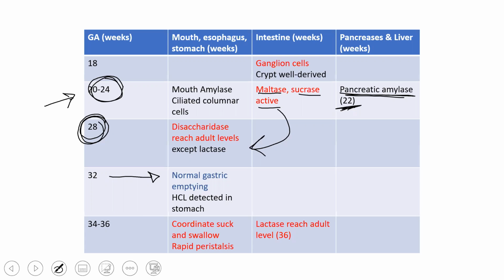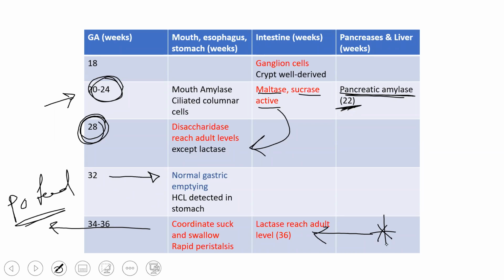Around 32 weeks, the baby starts normal gastric emptying, and hydrochloric acid starts to be detected in the stomach. Around 34 weeks is the coordination of swallow and feed, and that's the clinical value: we start offering PO feed around 34 weeks. The lipase and lactase enzymes become mature at this stage of development.